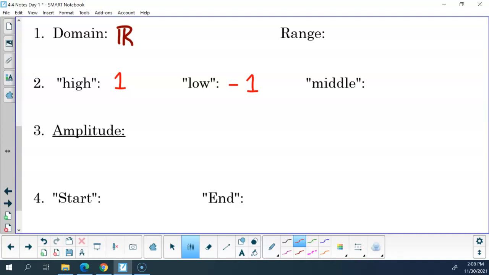It will never go outside of those values. Which you already knew from the unit circle observations that sine had to be between -1 and positive 1. So if -1 is my bottom and +1 is my top, what's the middle then? 0.